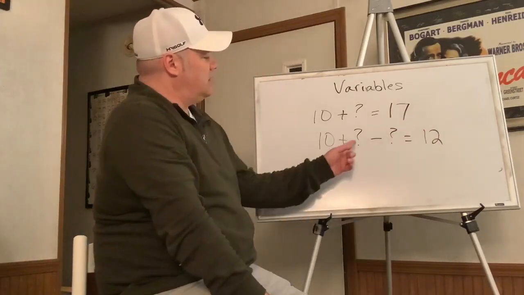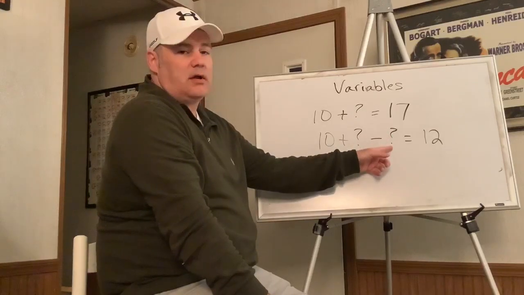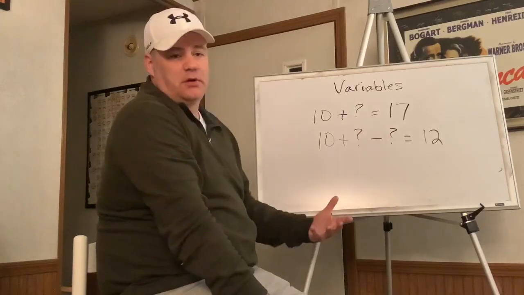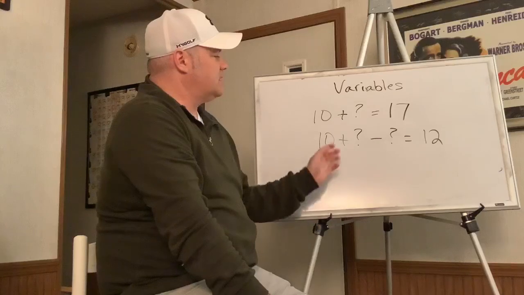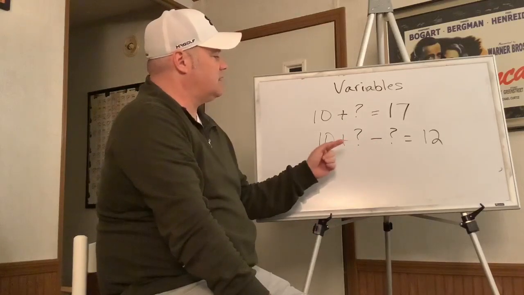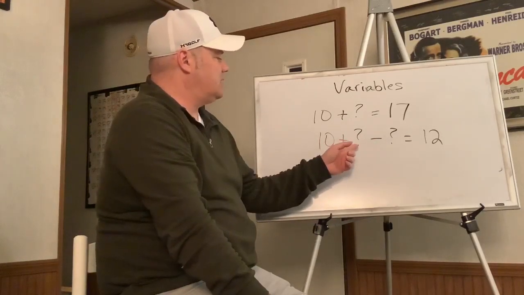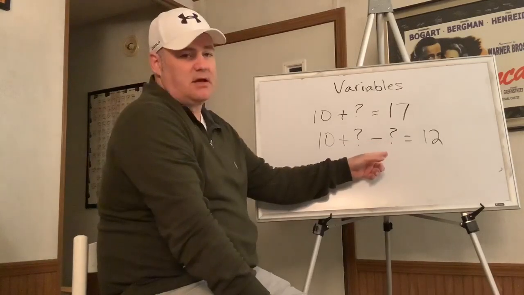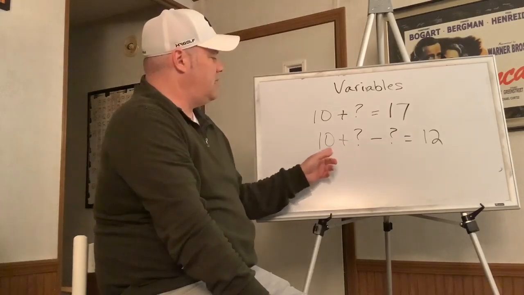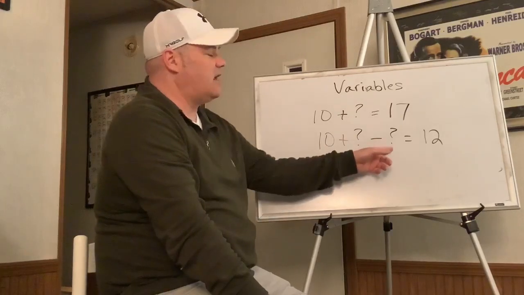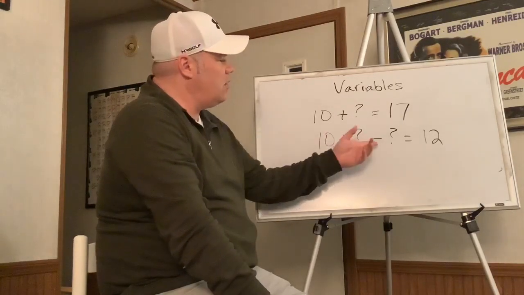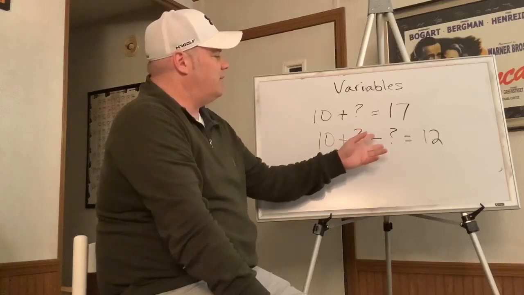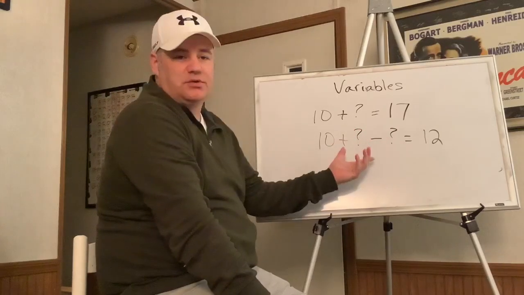Well, now this question mark looks like this question mark, and I can't determine which one's which. This could be a combination of things. This could be like 10 plus 8 is 18 minus 6, and put an 8 and 6 there. But then later it could be 10 plus 9 and a 7. I mean, it's unknown. And if you have more than one, you can't decipher which one's which.